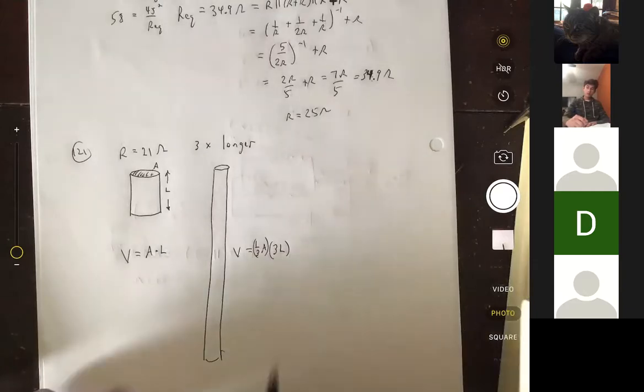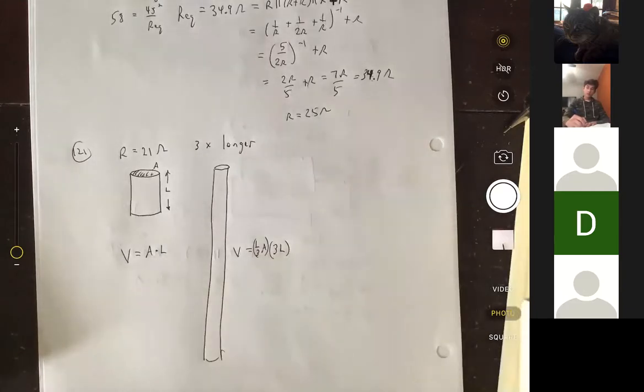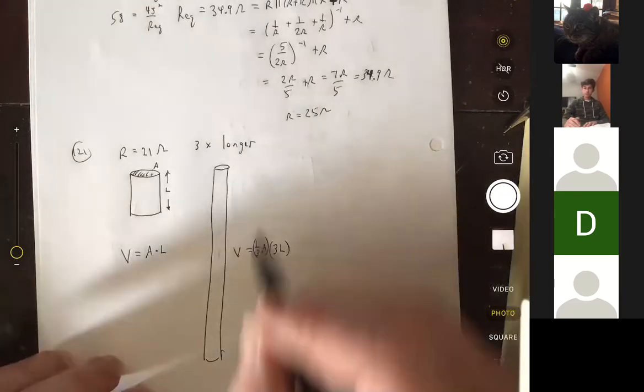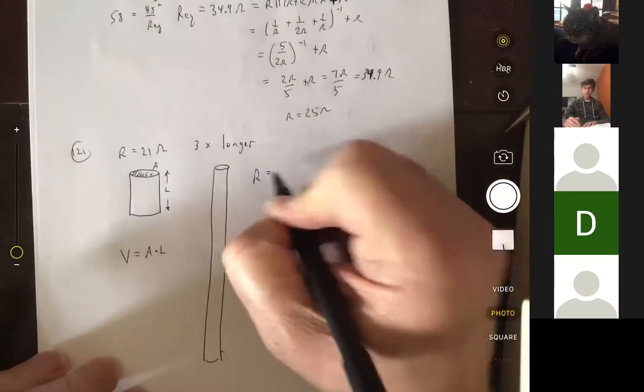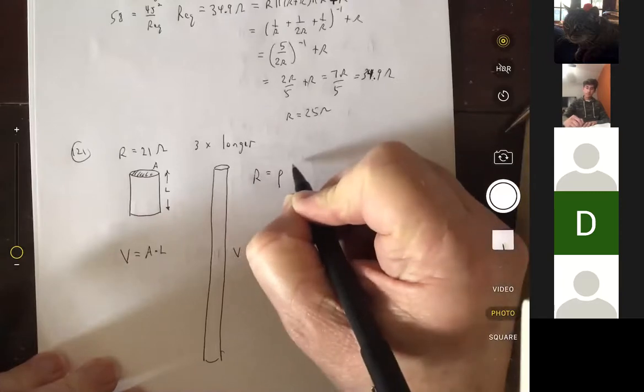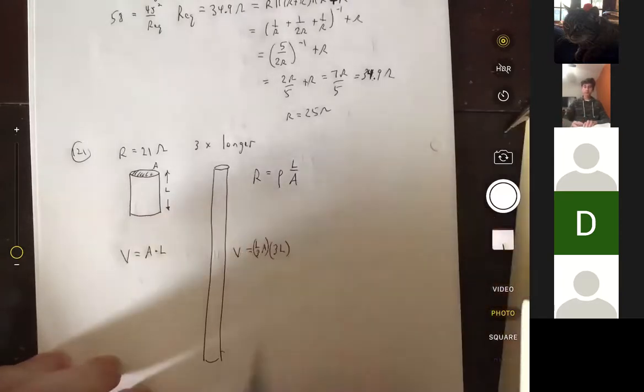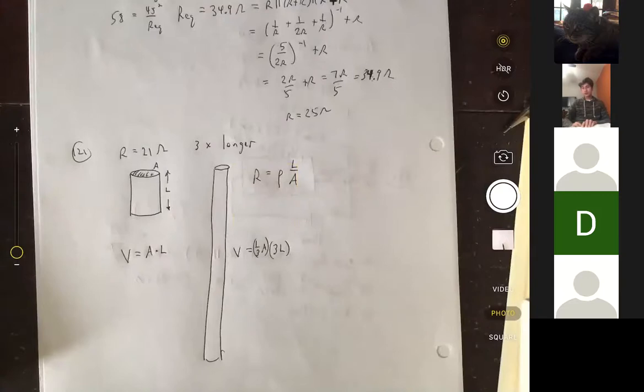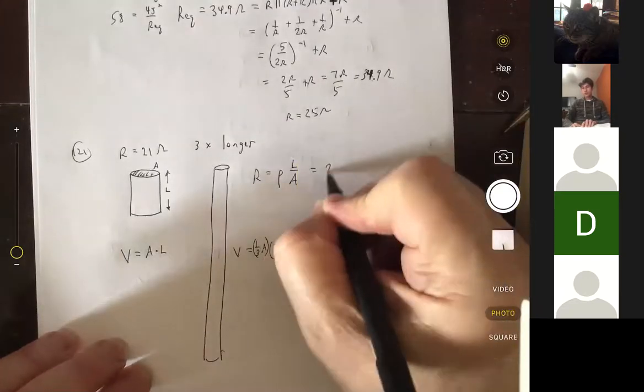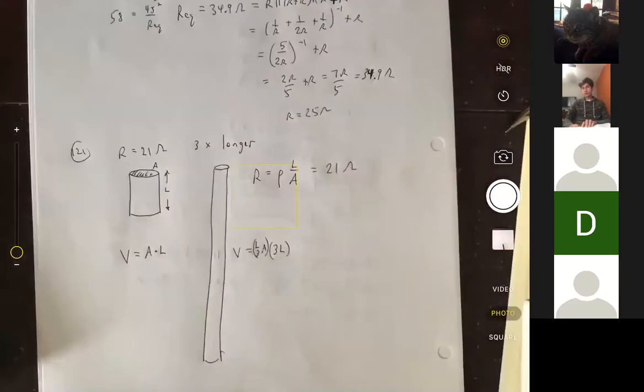So once you've determined that you've not only made the wire 3 times longer, but you made the wire 1/3 the cross-sectional area, then when you use your resistivity formula, resistance equals resistivity times L over A, and you know that this is going to be equal to 21 ohms for the original wire.